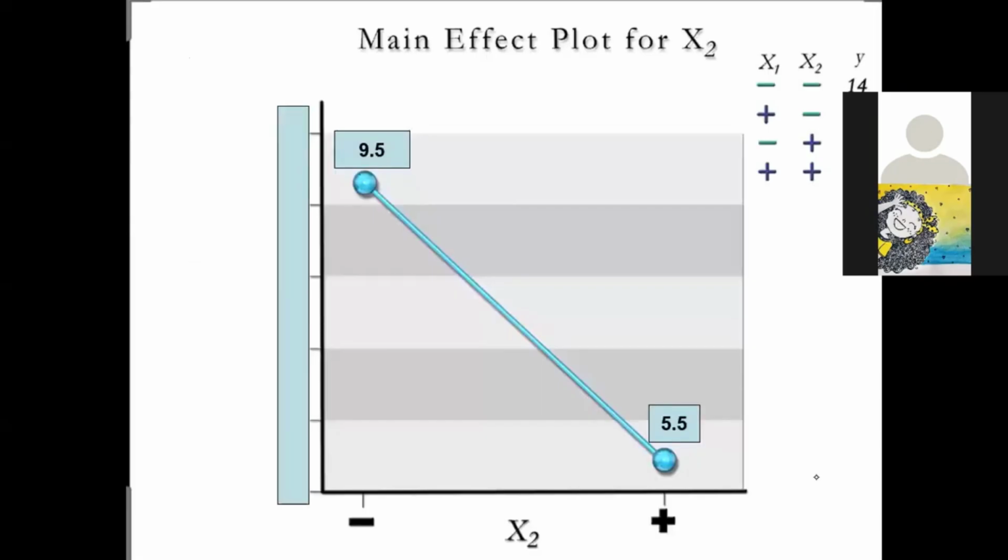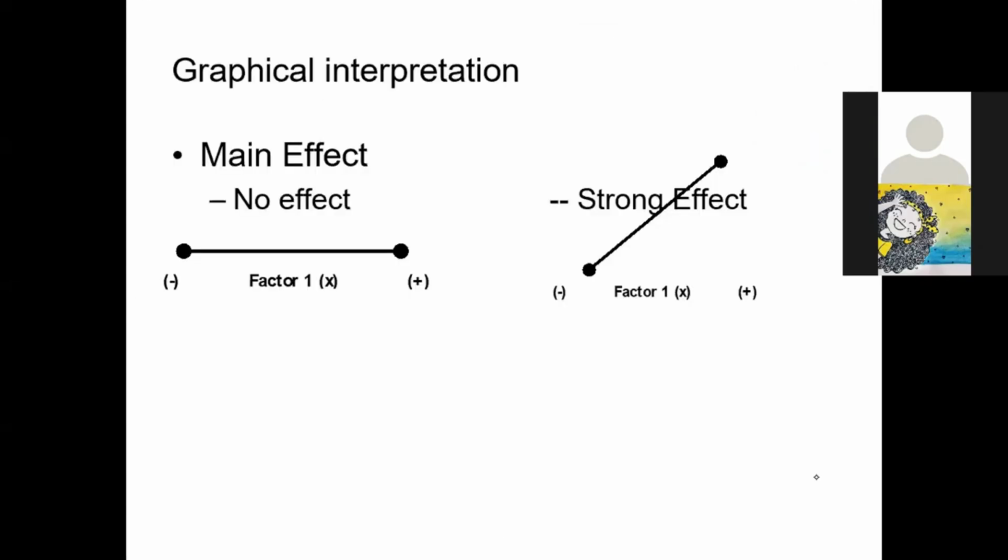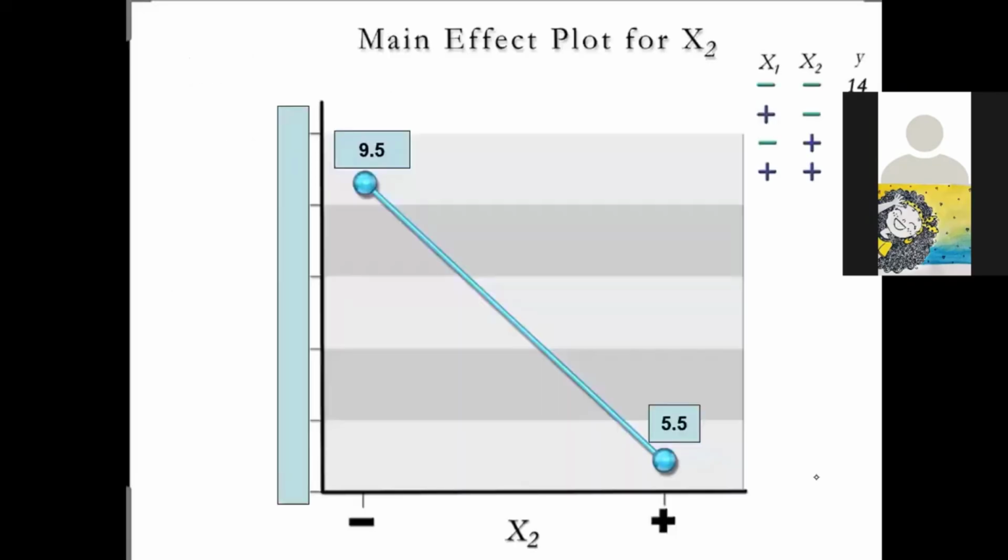Right. Now you see, I'm just plotting only main effects. The main effect averages. Can you remember? We said if we want to find out the main effects, if it is parallel to x-axis, no main effects. Is it parallel?